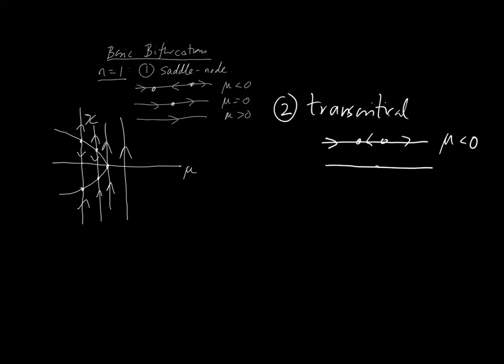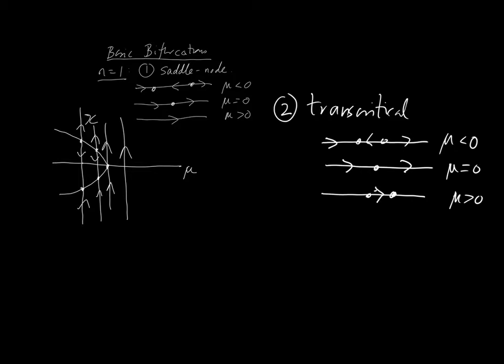When mu is equal to 0, they come together and do this. So far it looks very like the saddle node bifurcation, but when mu is bigger than 0, instead of killing each other, they pass through each other and exchange stability.